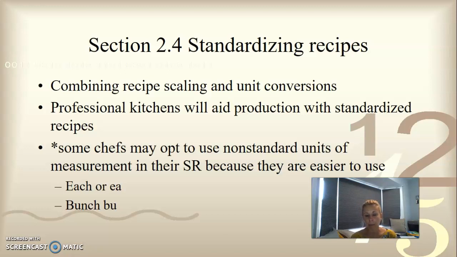Don't get discouraged, but if we're looking to convert these non-standard units, we might have to go find the weight of an each, right? So we have done recipe or ingredient conversions so far. We've done garlic, right? And we've seen 2 pieces of information to help us go from eaches to weight. So if you turn back in the Book of Yields, and maybe you should do that right now to get familiar, go find garlic.